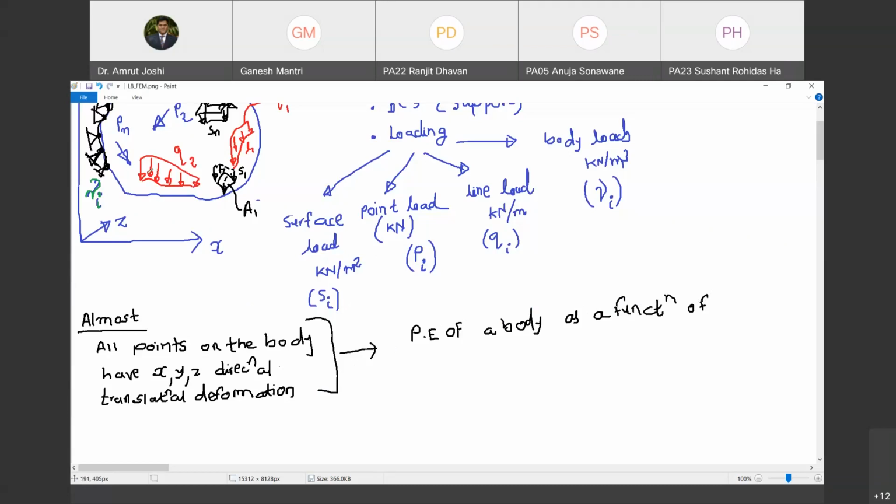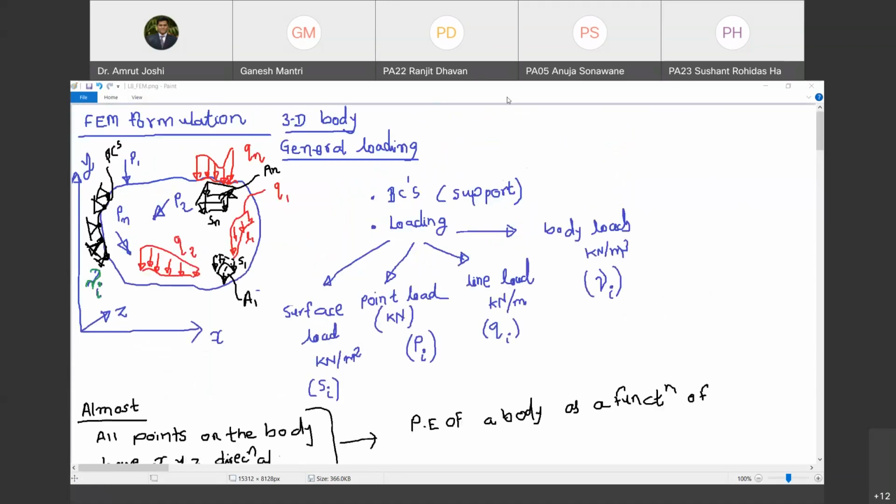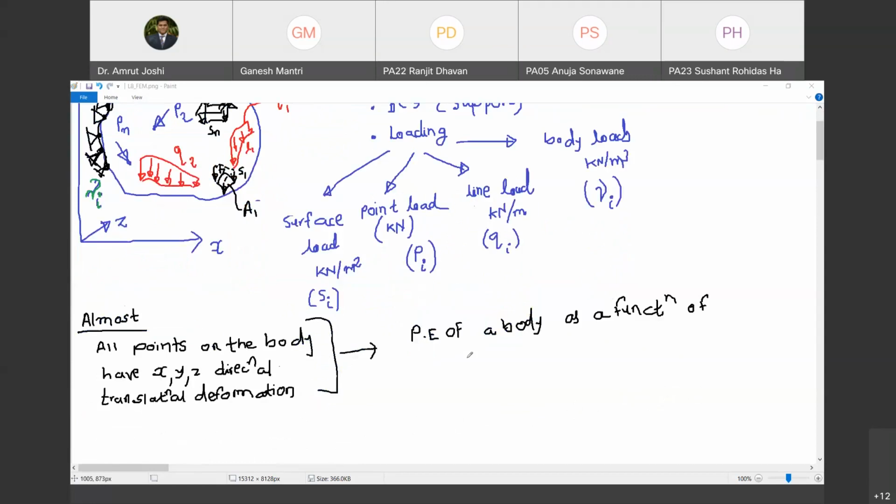So how many points are there on the body? Tell me, Ranjit. How many points are there on this body? Ranjit, are you able to hear me? So how many points are there on this body? Tell me, Anuja. So infinite.